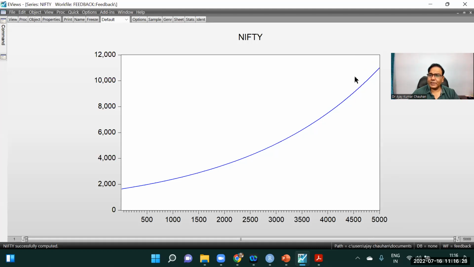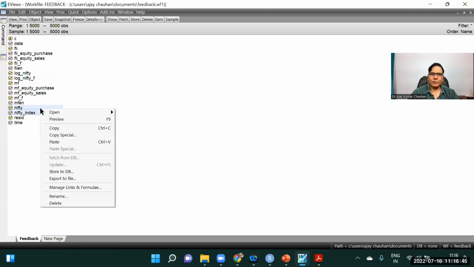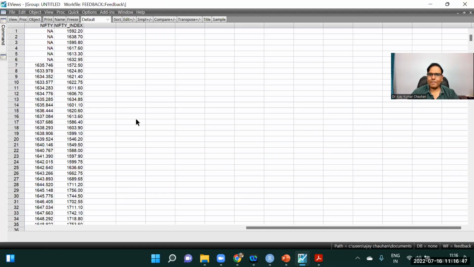So you can forecast the future values of Nifty also with the help of VAR. This is the last step of doing the forecasting. Like we do forecasting in ARIMA, we can do the forecasting in VAR also.